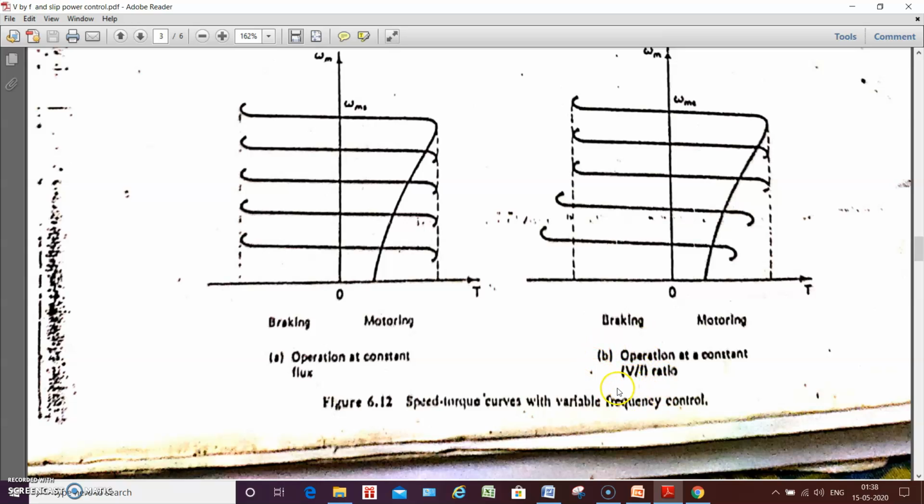So if you apply that compensated voltage, this V/F ratio will be maintained constant at the lower speed ranges. The speed characteristics will be slightly deviated away from the expected characteristics, as in the case of your constant flux method.